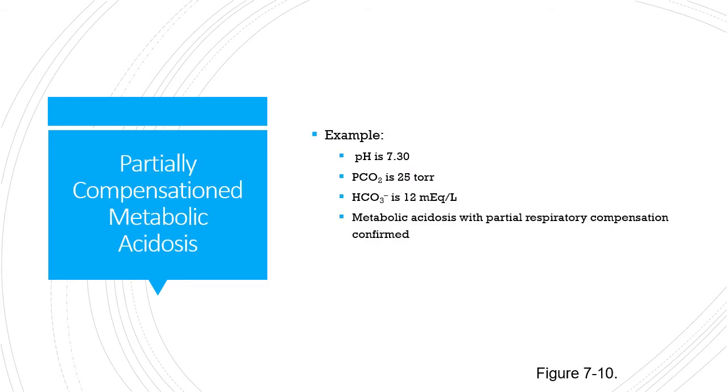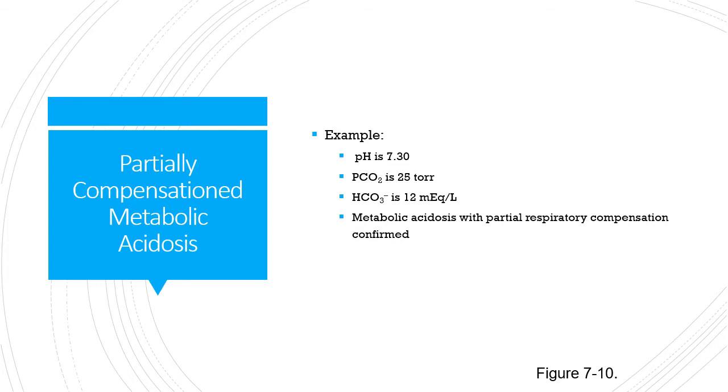In partially compensated metabolic acidosis, an ABG example is a pH of 7.30, lower than the normal range, a PaCO2 of 25, lower than the normal range from an increased respiratory rate, and bicarb of 12 milliequivalents per liter, lower than the normal range.